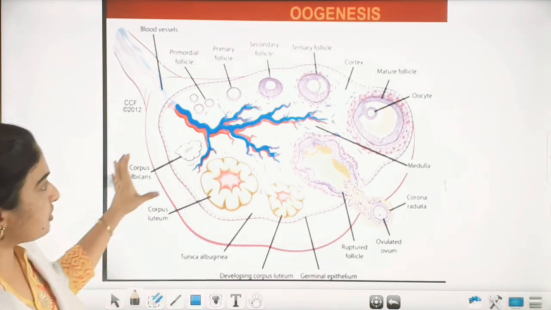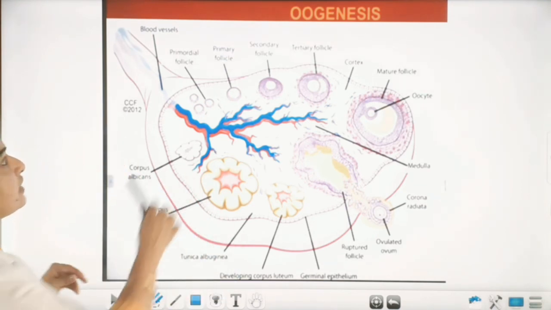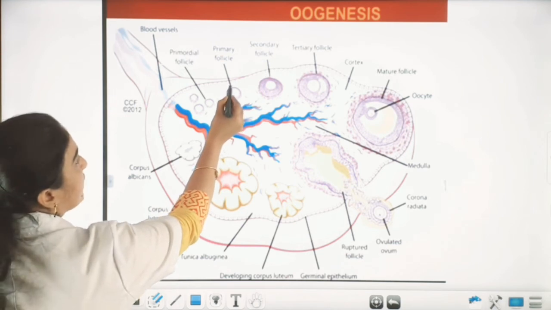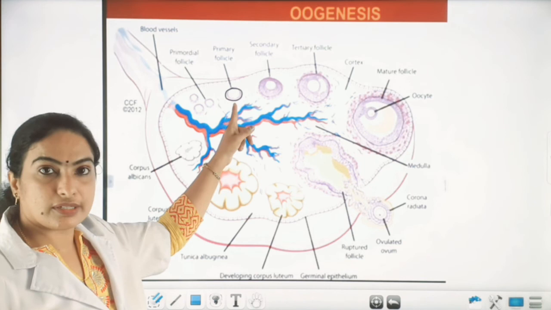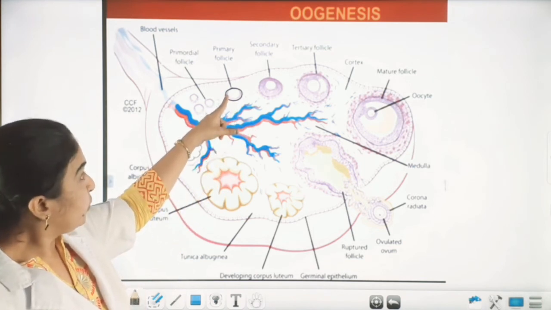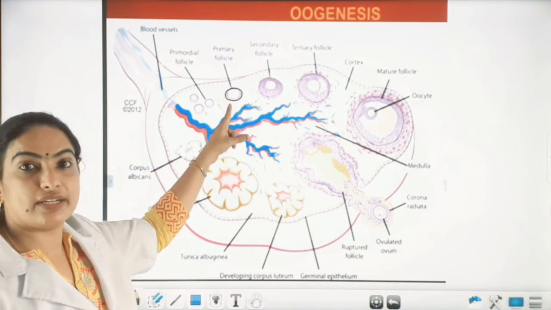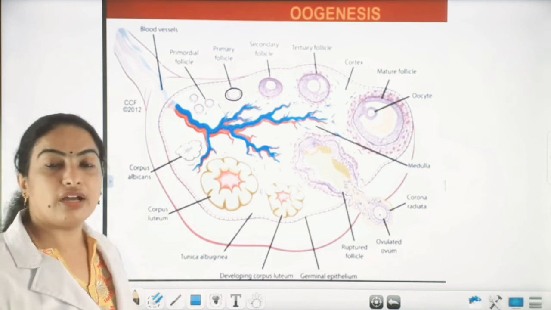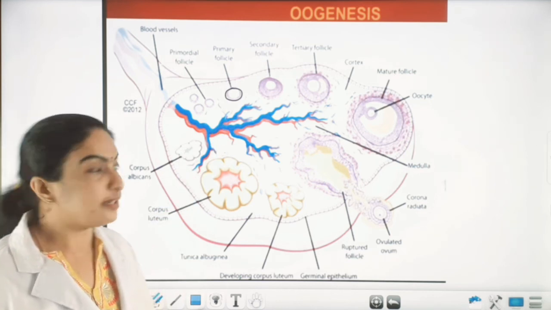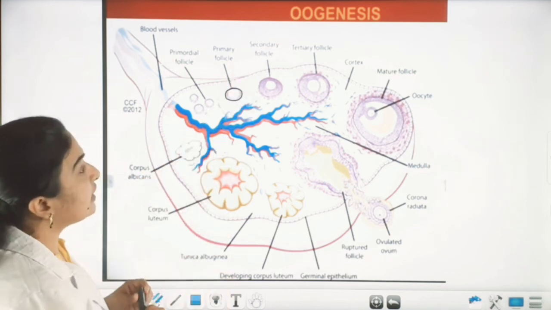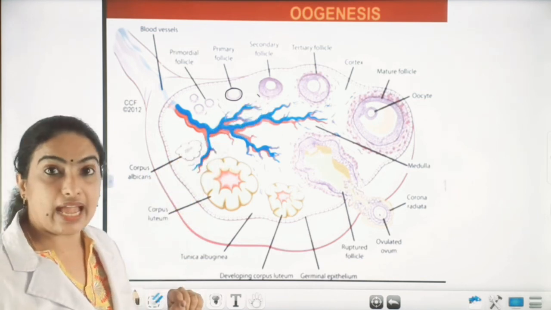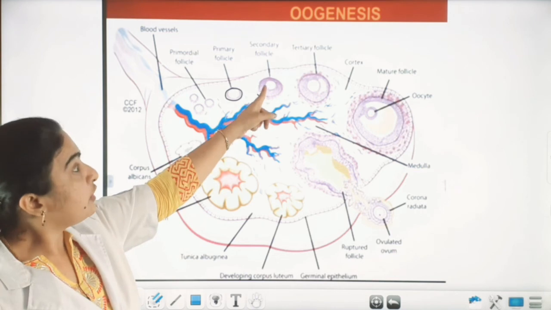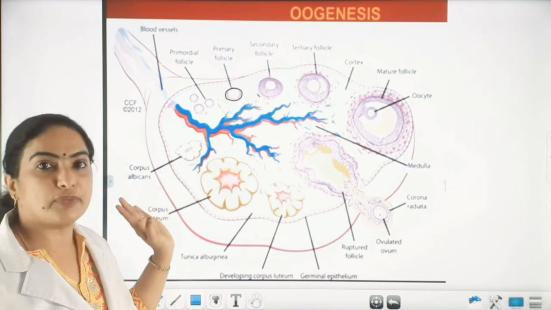Now we can see the section of ovary. So this is a section of an ovary. Here you can see primary follicle. See the primary follicle consists of what? The primary oocyte, zona pellucida, and a single layer of granulosa cells. Is it clear? And the secondary follicle consists of several layers of granulosa cells and the usual zona pellucida and primary oocyte.